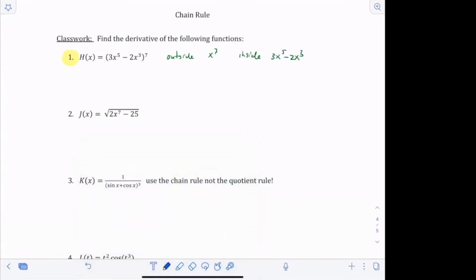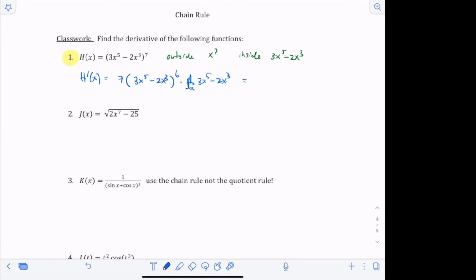So now that we see that, when we go to find H prime of X, we could use the power rule first. You'd have 7 times something to the 6th power. You keep the inside thing, which is 3X to the 5th minus 2X cubed. You got to multiply by the derivative of the inside, which I'm going to write as the derivative of 3X to the 5th minus 2X cubed.